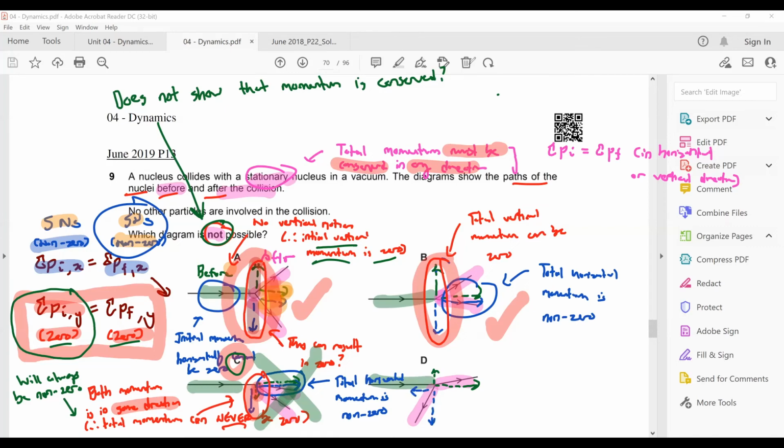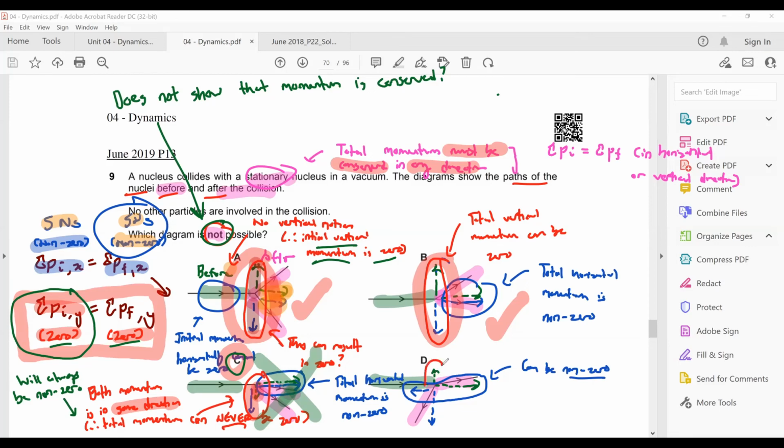So right now, if I just consider the horizontal momentum alone, this one can be non-zero. Yeah, sure, they're in opposite direction. It can be zero, but it can also be non-zero. Because if one arrow is longer than the other, you won't get a zero value. So this one can be non-zero. So it can satisfy the conservation of momentum in the horizontal direction.